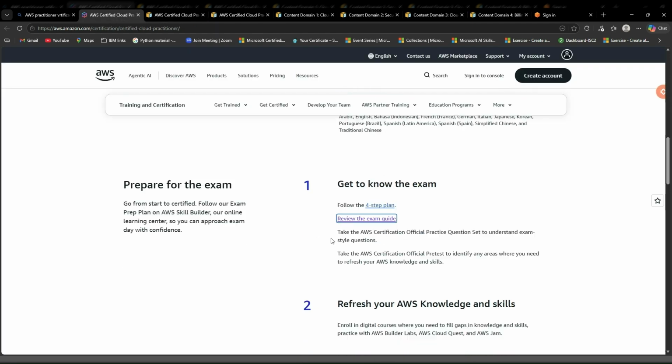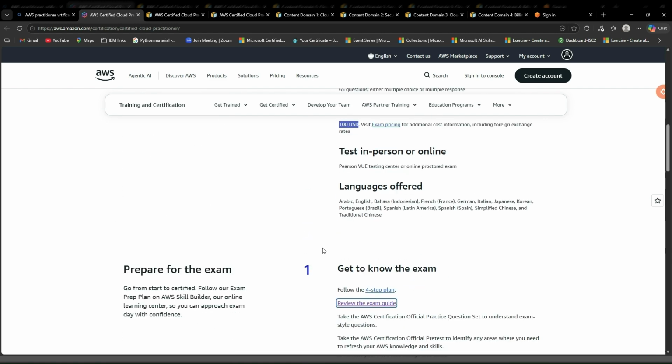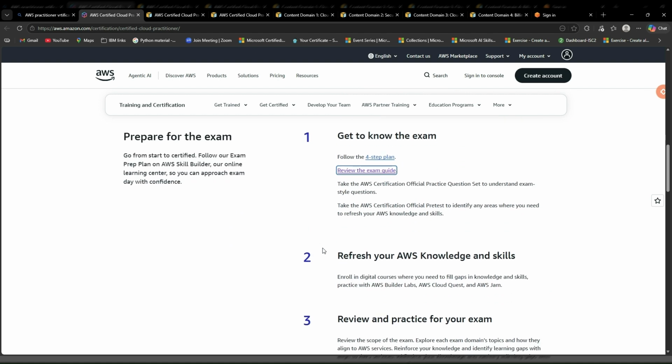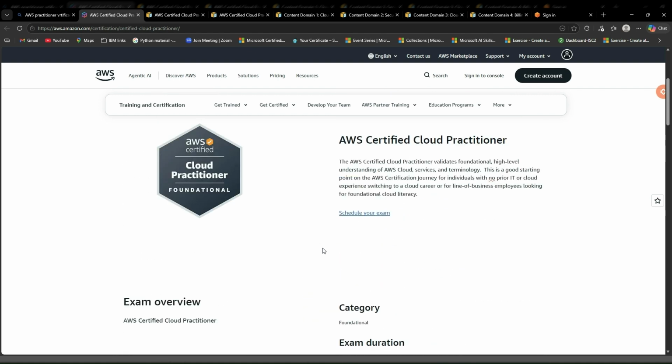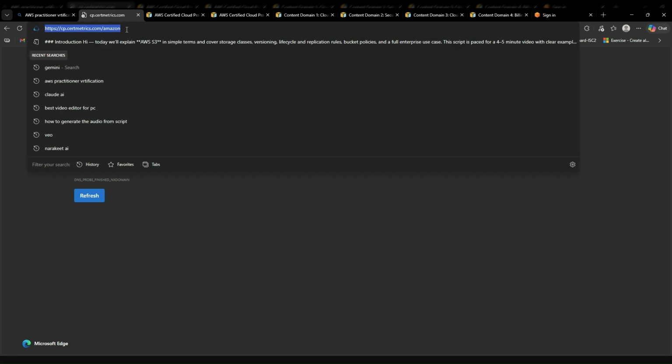Then you can start booking your exam by going to the schedule exam link. It will take you to the cpmetrics.amazon page, from where you can start booking your exams. You first need to create your account.